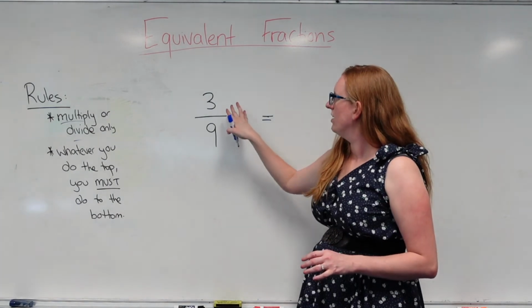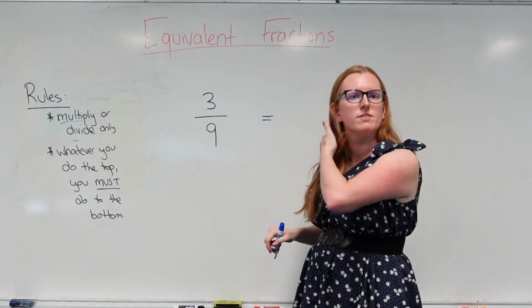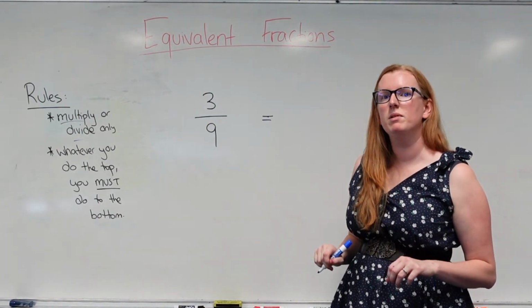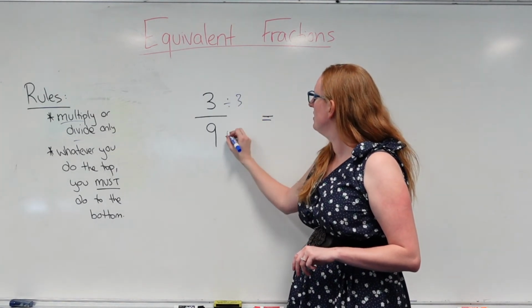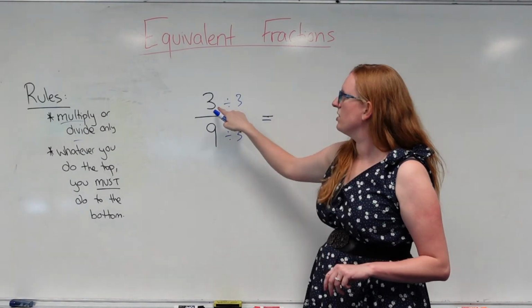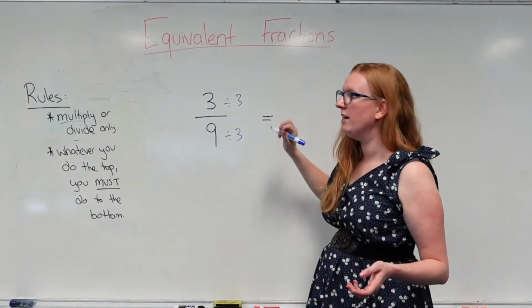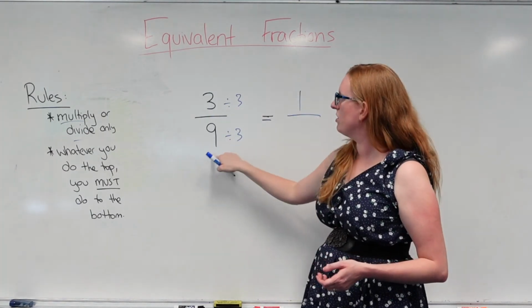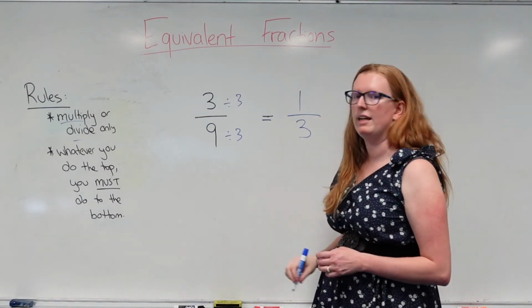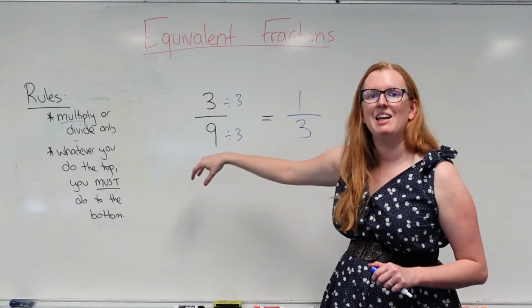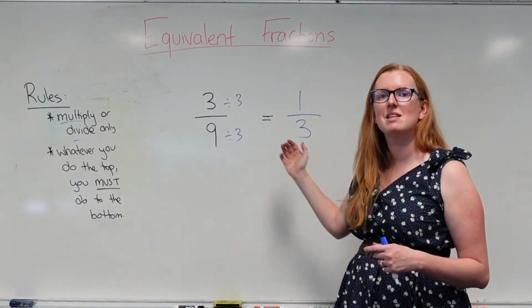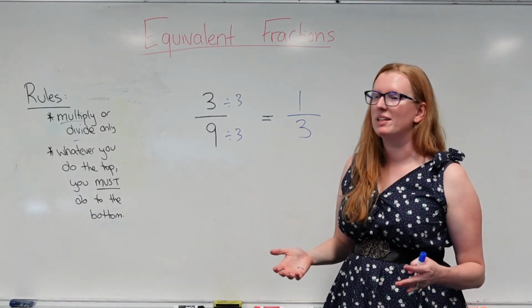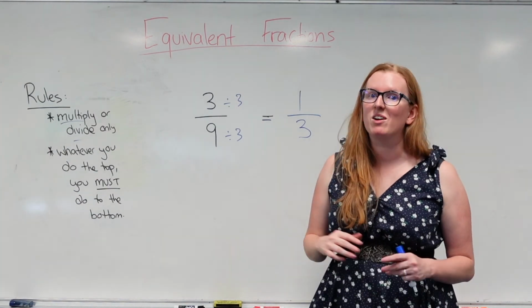So 3 and 9. All right, let's try dividing them by 3. So we're going to divide by 3, divide by 3. So how many 3's go into 3? 1. How many 3's go into 9? 3. So this fraction here is equivalent to 1 over 3, or 1/3. They mean the same thing. Cool. So I hope you understand equivalent fractions.